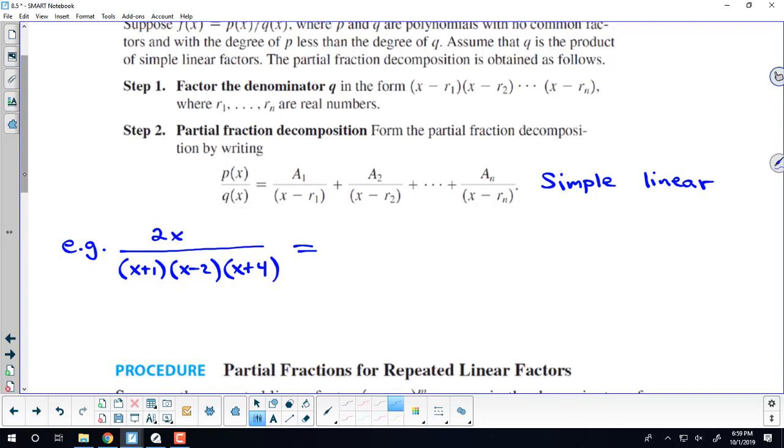Then we're going to set this up as A over x plus 1 plus B over x minus 2 plus C over x plus 4. Or you can use A1, A2, through An like the textbook is using.